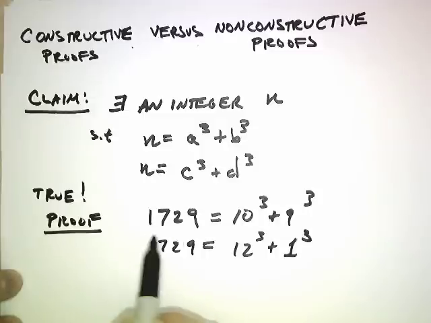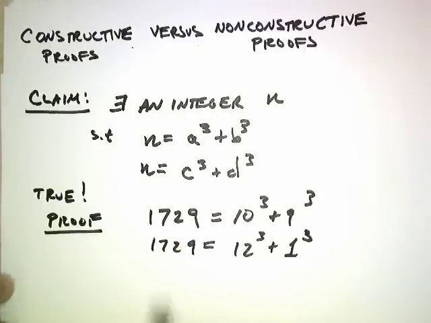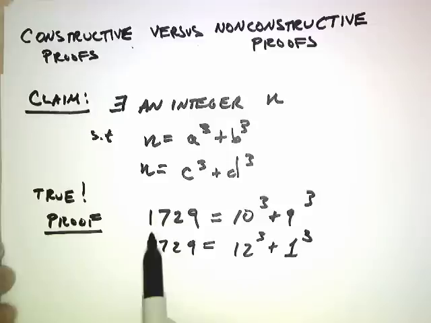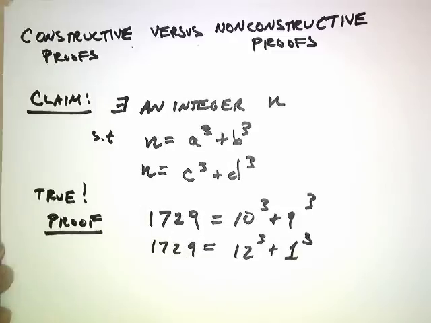So we've exhibited a number, 1,729, that shows the claim is true. This is a constructive proof because we actually gave the number 1,729. We constructed a number for which this claim is true. There might have been some other type of weird proof that simply showed that there is some number that has these properties. In this particular proof, we constructed it.